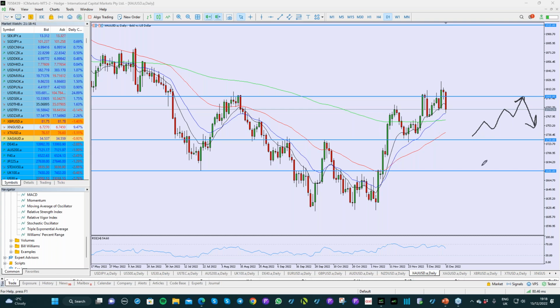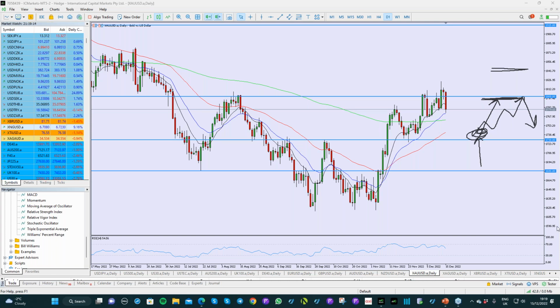So if I'm going to be entering any long trades between these two levels, I want to make sure that I'm out of the trades before this level, or at the very least I have scaled out of the position. We don't necessarily have to just have one target to a trade. I could enter a position down here, and I could have a first target here and perhaps hold more of the position open for a more ambitious target later on.